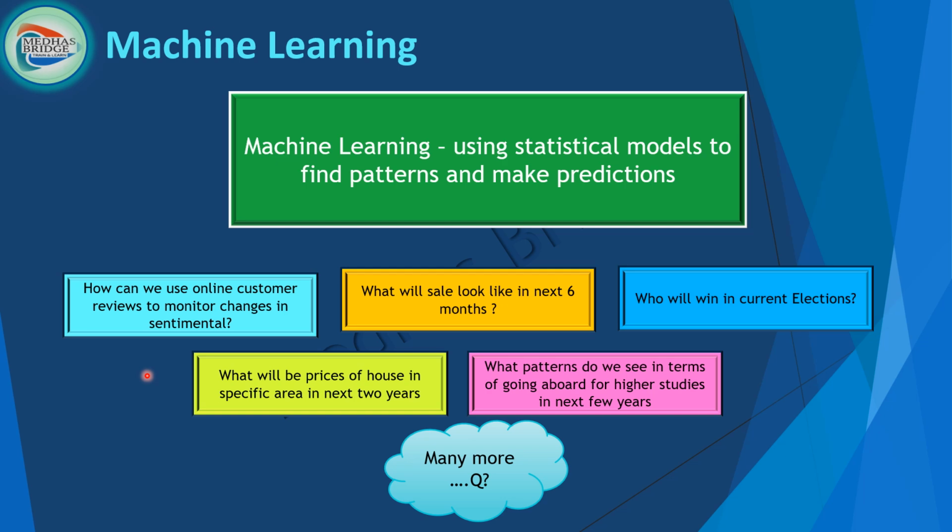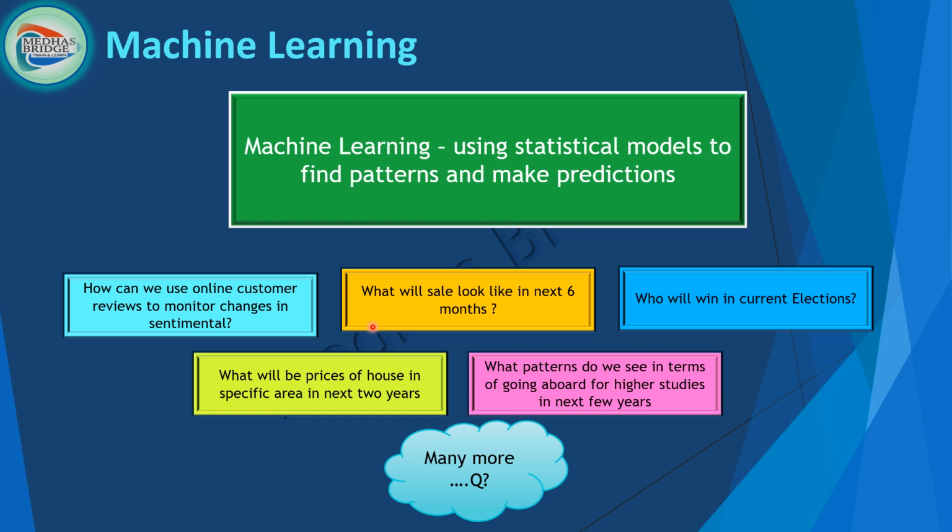Then Amazon folks will try to analyze the reviews given by the customers, figuring out what kind of impact they will see. So in a simple way the question would be, how can we use online customer reviews to monitor changes in sentiment? The answer would be yes, it is possible using machine learning.